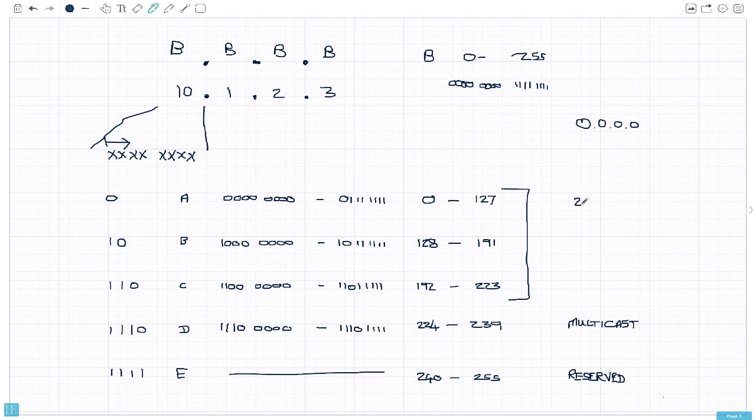The address of 255.255.255.255 is a broadcast address. That is also not allowed. So that is reserved, that is reserved.